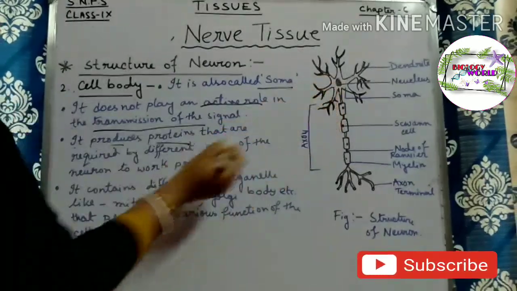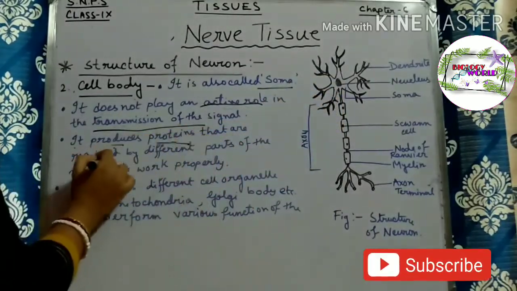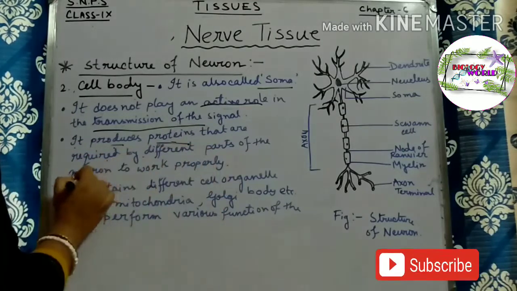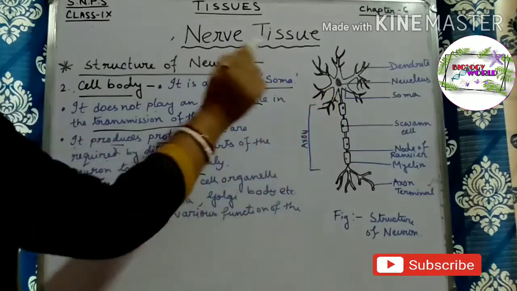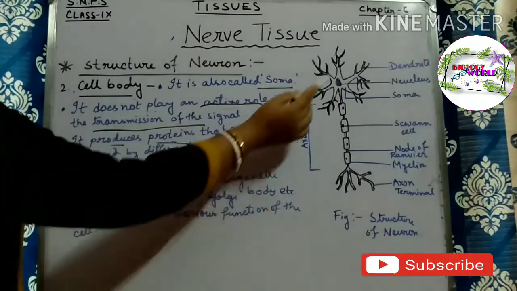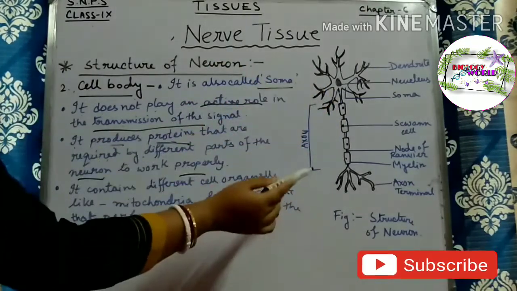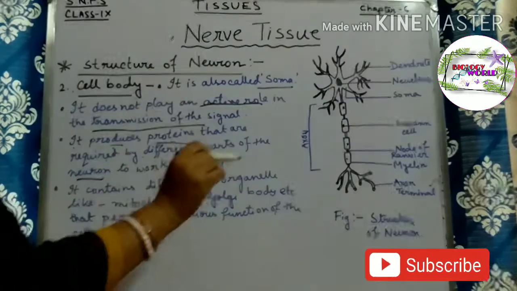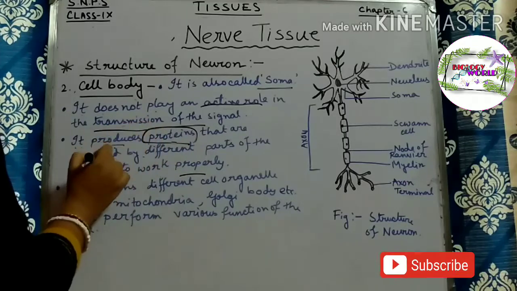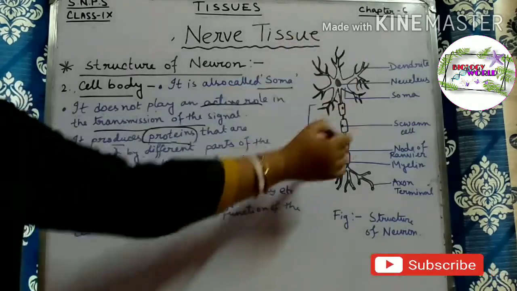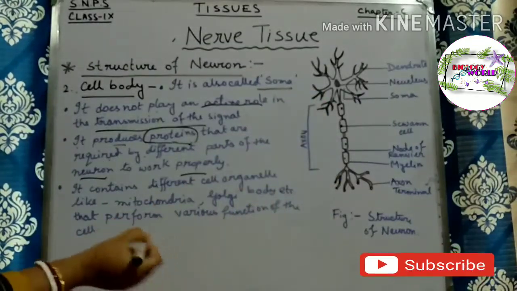This cell body produces proteins that are required by different parts of the neuron to work properly. Means this cell body doesn't take active part in transmission of chemical or electrical signals, but it produces proteins that are required for the different parts of the neuron to work.